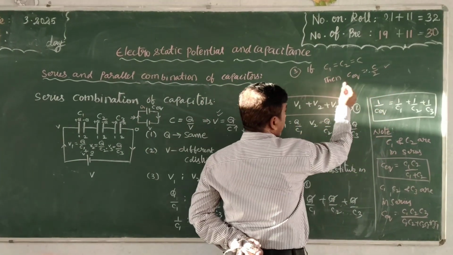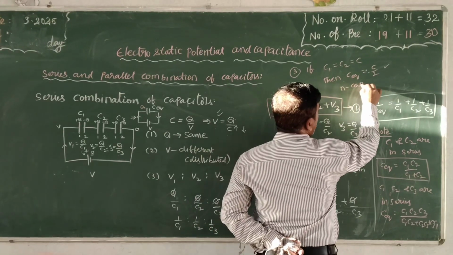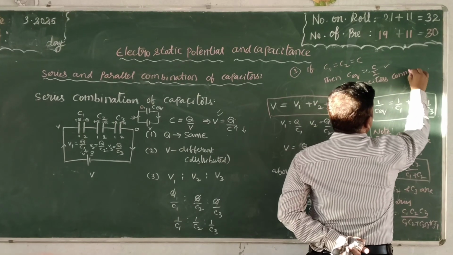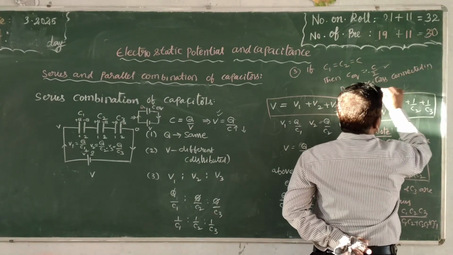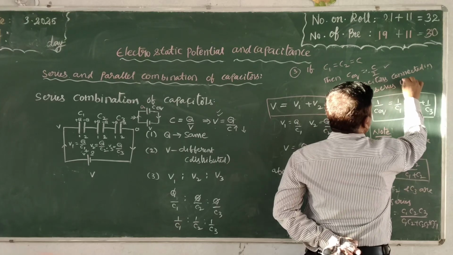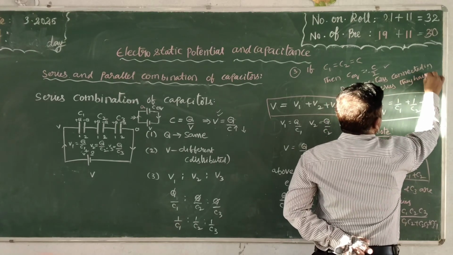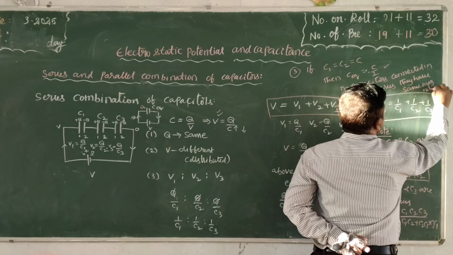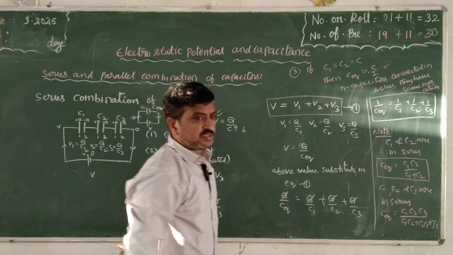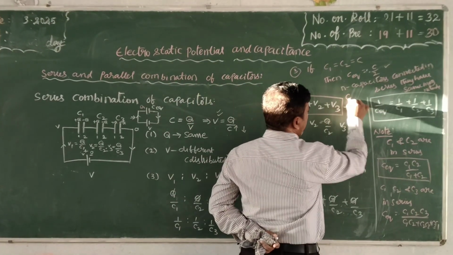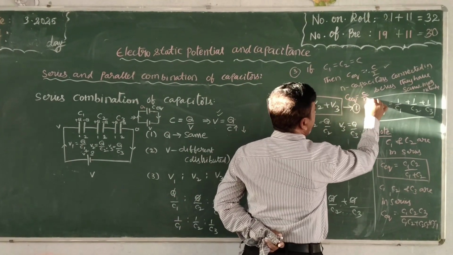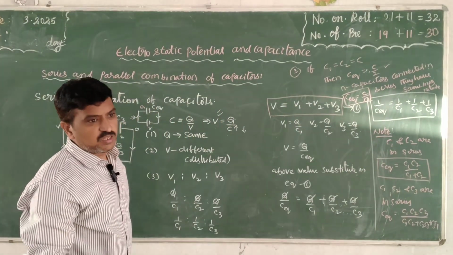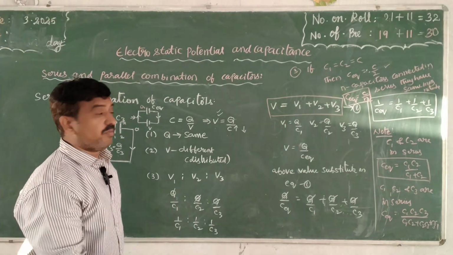For example, if n capacitors are connected in series and they have the same magnitude, what is the equivalent capacitance? For n capacitors, C equivalent equals C by n. The number of capacitors goes in the denominator, when they have the same magnitude.